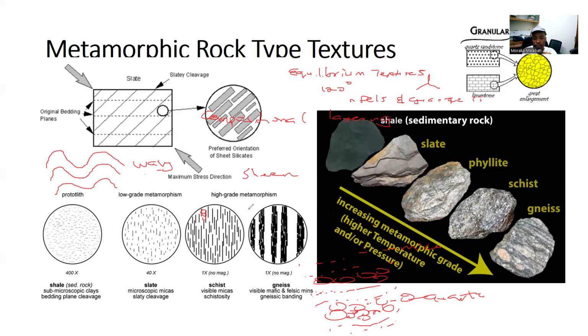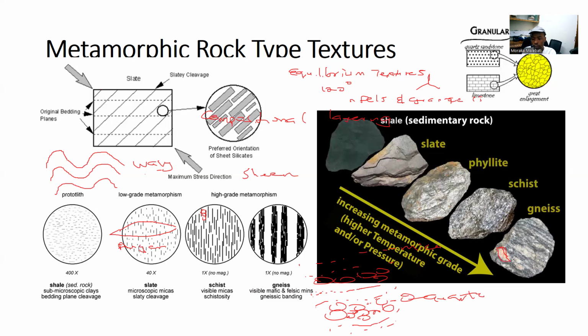But sometimes a gneiss, for example over here, can have this. It's like an eye shape. It's a lenticular, elongated porphyroblast. We call it augen, for example here.